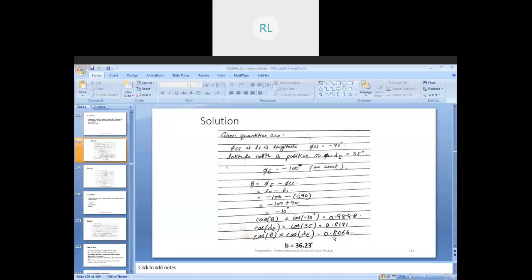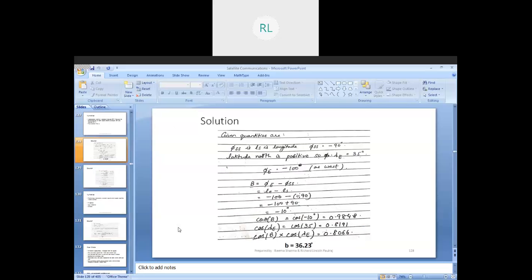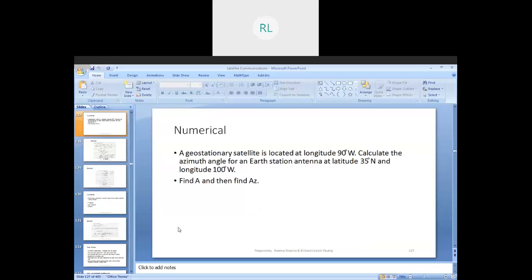Now we start applying the cos formulas. cos of b, where b is minus 10, and lambda e is 35, then cos b into cos lambda e. We multiply these two and get about 0.8.